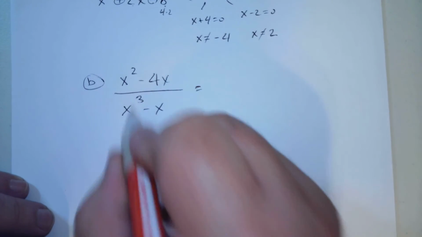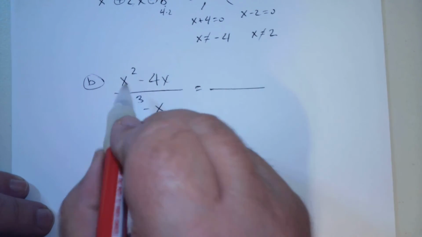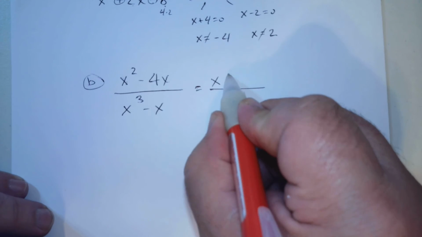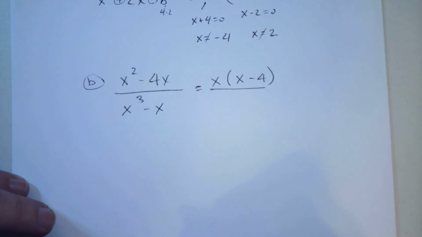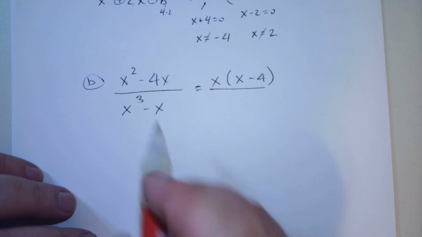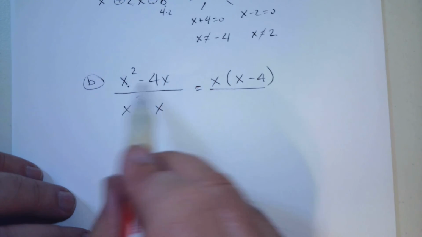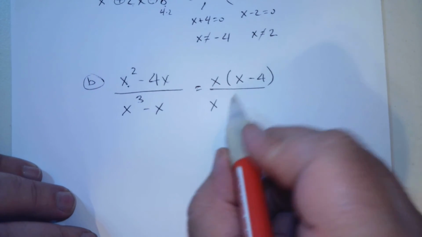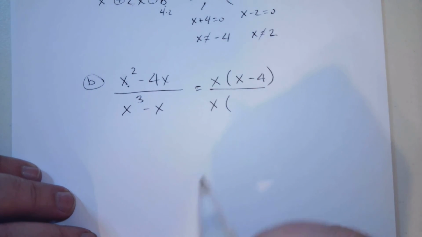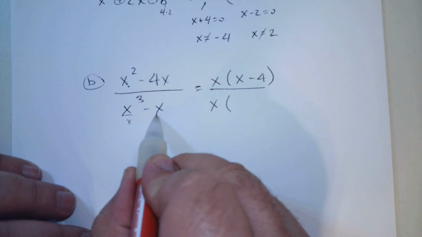So, these are both polynomials. They both have an x in common. I have x minus 4 left. Remember, when I factor something out, I divide.